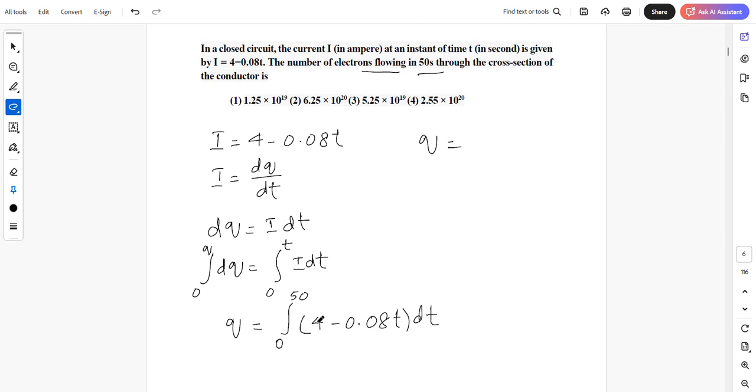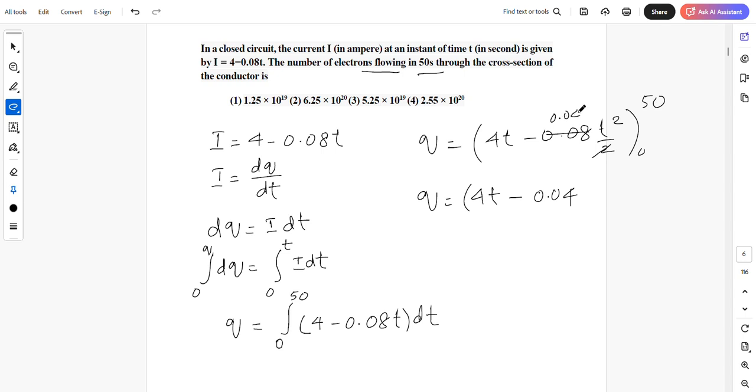Now you have to integrate. The integration of 4 with respect to t is 4t, minus 0.08 times the integration of t with respect to t, which is t square by 2. Now take the limits of integration 0 to 50. So q is equal to 4t minus 0.04 t square, from 0 to 50.